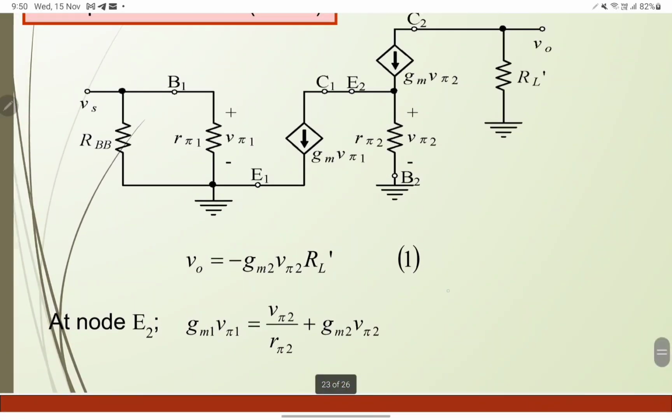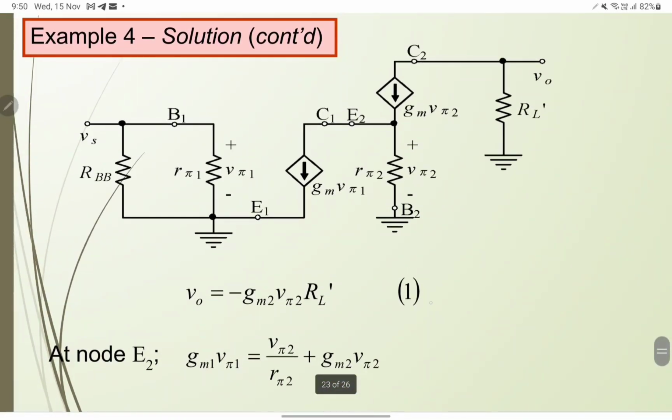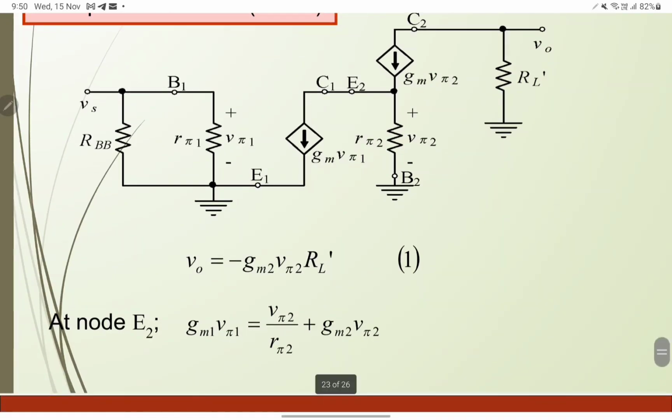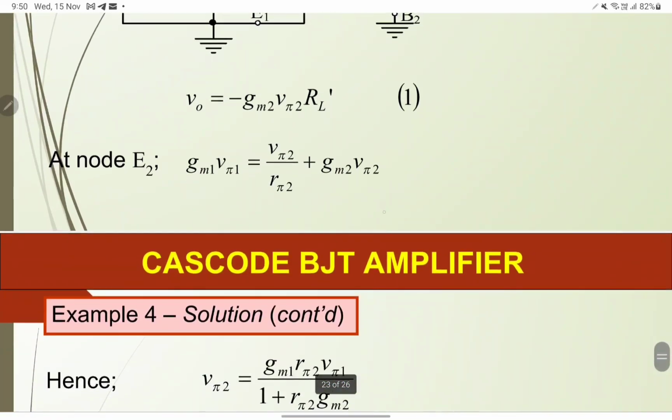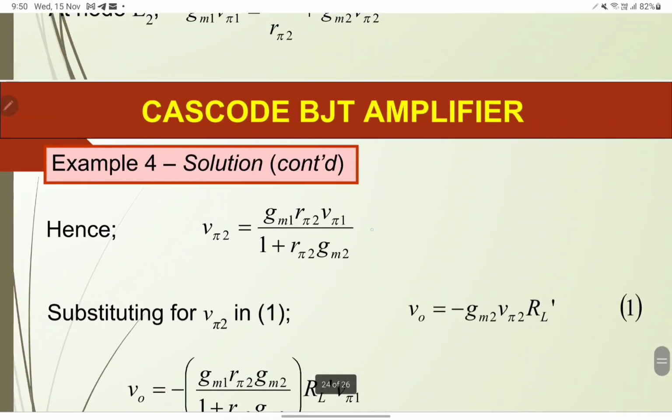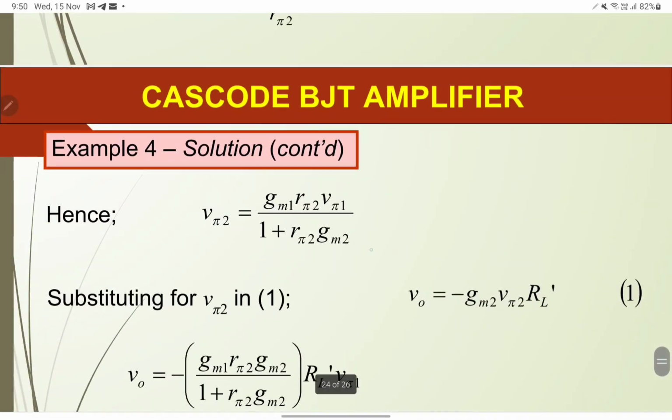And then we already derived our V out, and we already got the relation between V pi 1 and V pi 2.